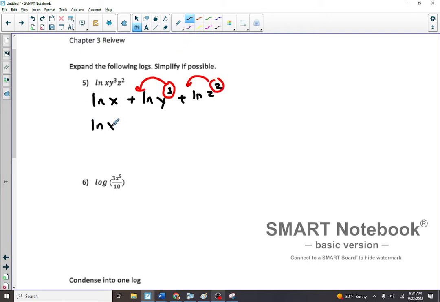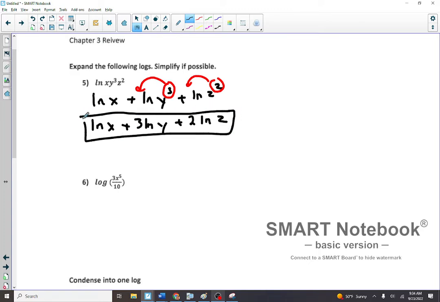It is ln x plus 3 ln y plus 2 ln z. After that, you basically want all the logs or ln's to have only a variable inside or a number inside. So in this case, it is expanded completely.